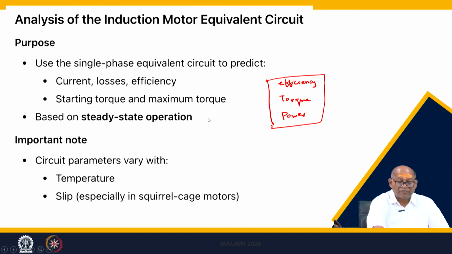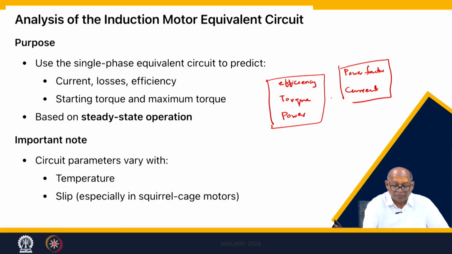Then current and power factor are secondary but also important. Efficiency decides the power loss and heat, torque decides how much load you can drive, power decides how much power you want to demand, power factor defines the reactive power demand, and current defines the rating.